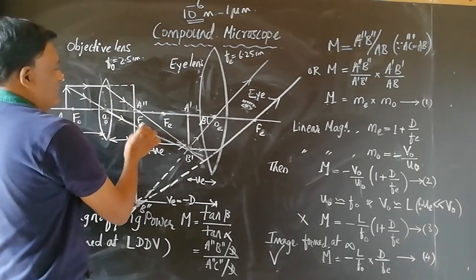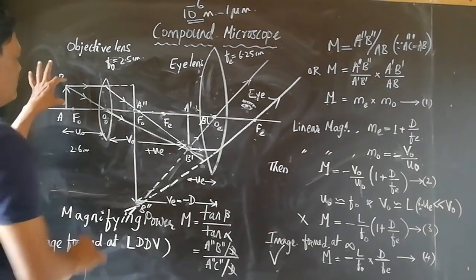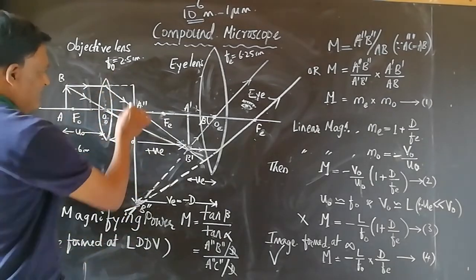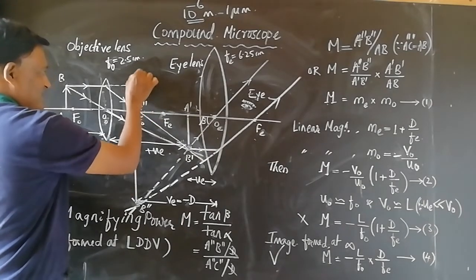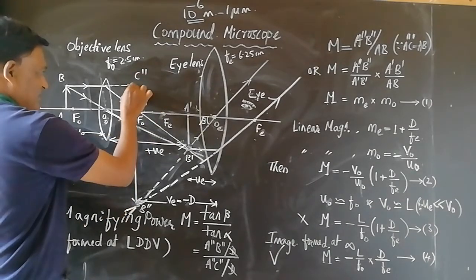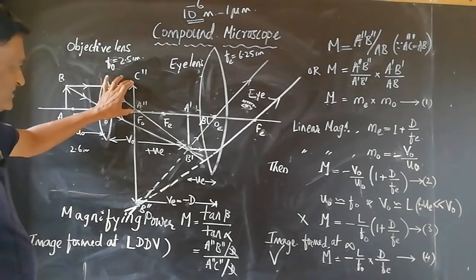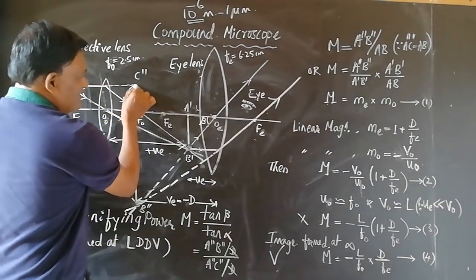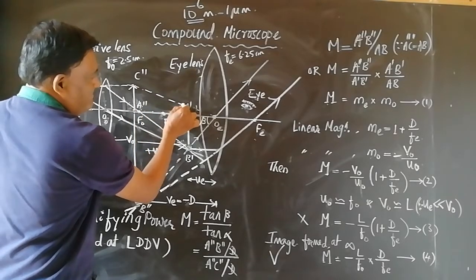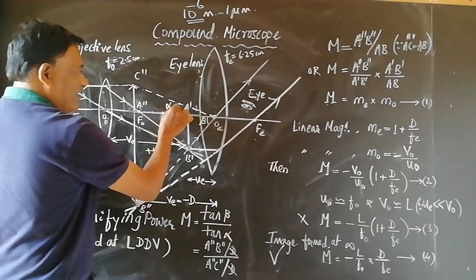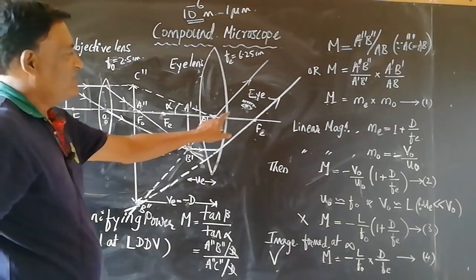Now here we have to imagine this object AB to be at the least distance of distinct vision. Let me say it as A'' C'', that is the object being at the least distance of distinct vision. The object subtends an angle alpha at the eye lens or the eye.